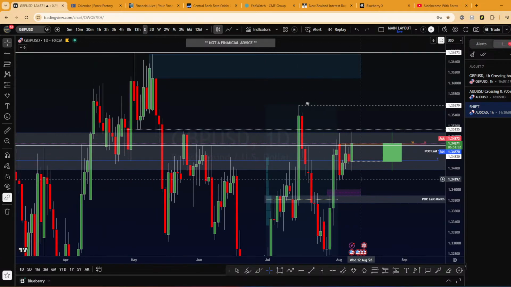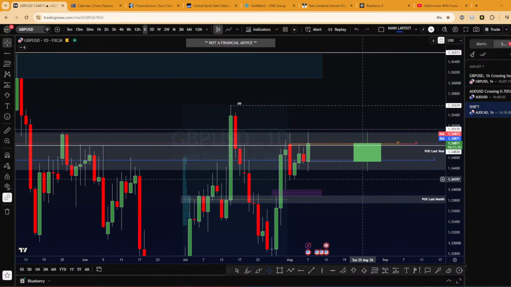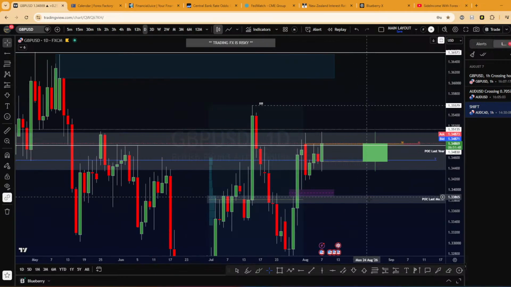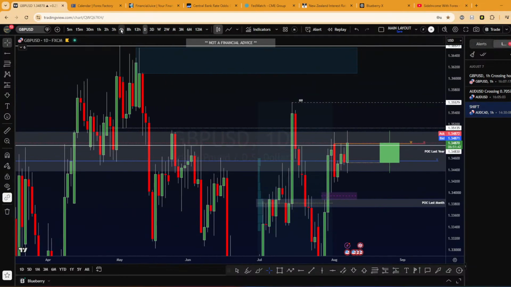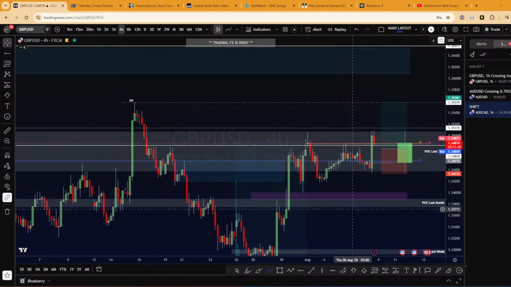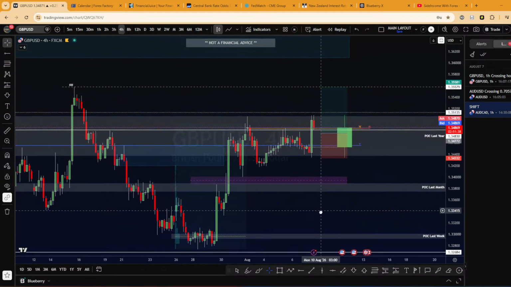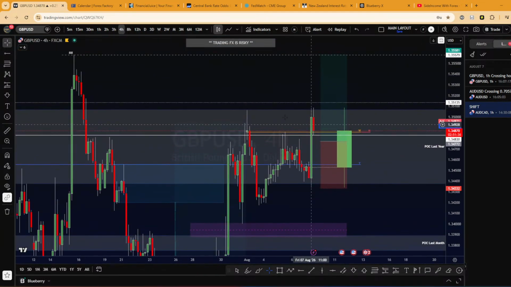The daily. Yeah, but the 4 hour. Did we break above this? No, we didn't close above this high.